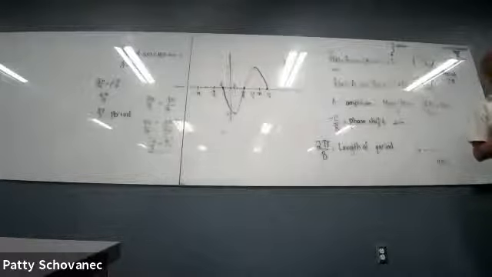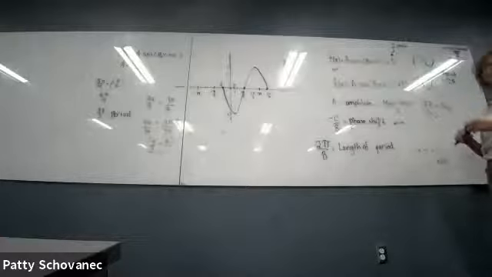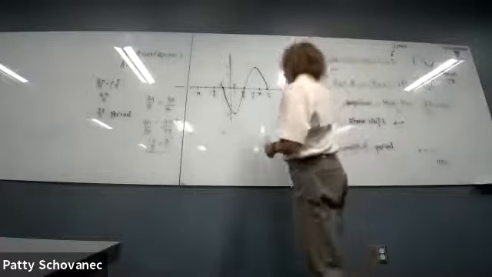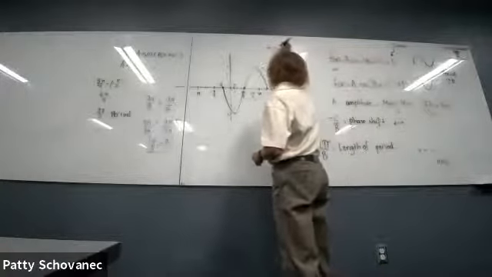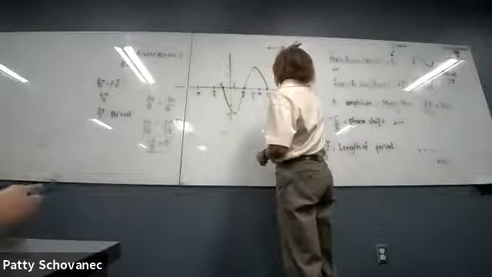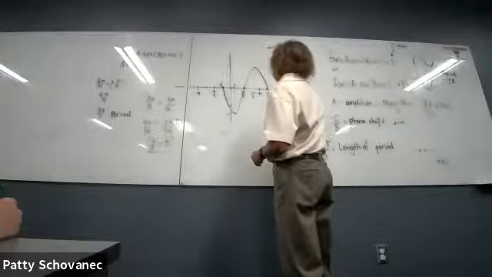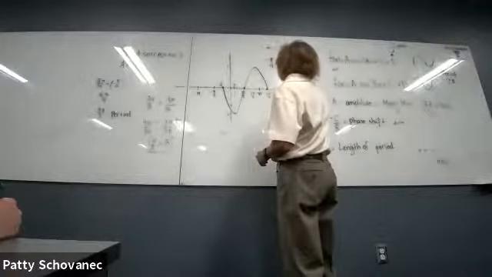Now, is there going to be a value of C in this example? Because there has been a phase shift. It's been shifted to the left pi over 4 units. So we need minus pi over 4 to equal minus C over B. B we found to be 4/3.